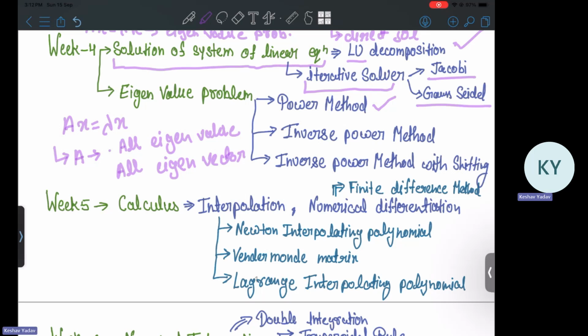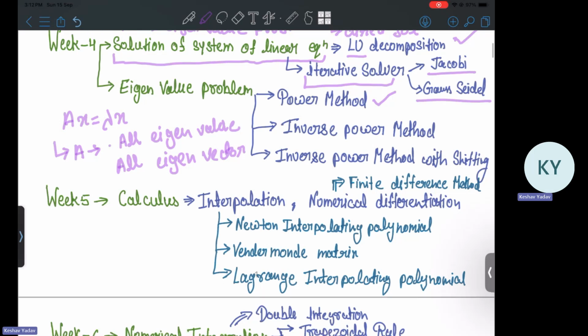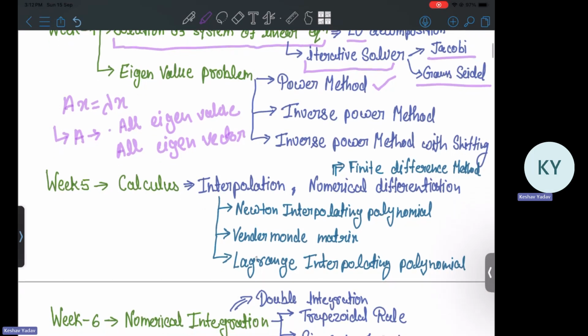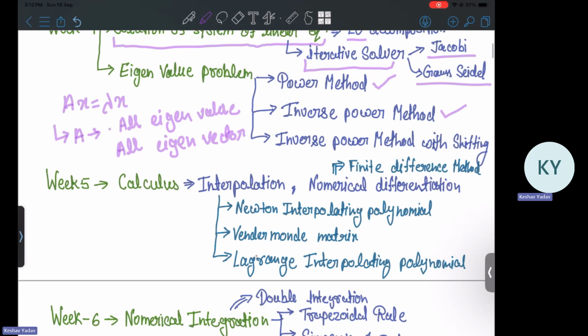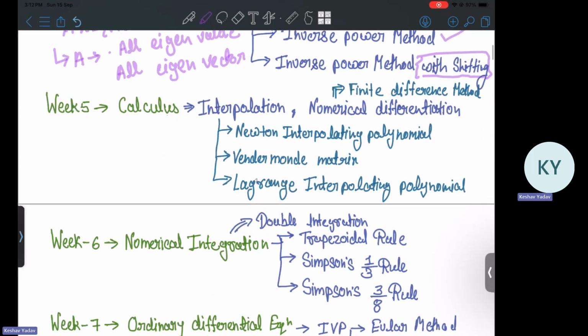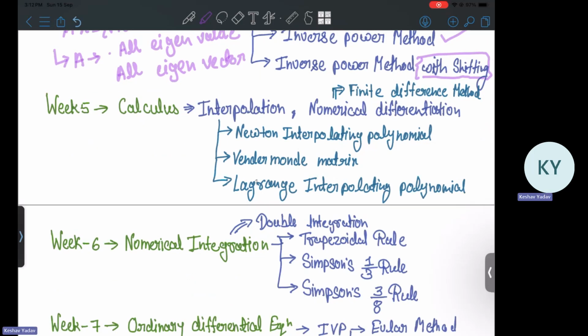Once we have found the maximum eigenvalue and its eigenvector, we can use the inverse power method to find the absolute minimum eigenvalue and its corresponding eigenvector. Then by using the shifting method, we can find other eigenvalues and their eigenvectors. By week 4, we had covered the linear algebra part.